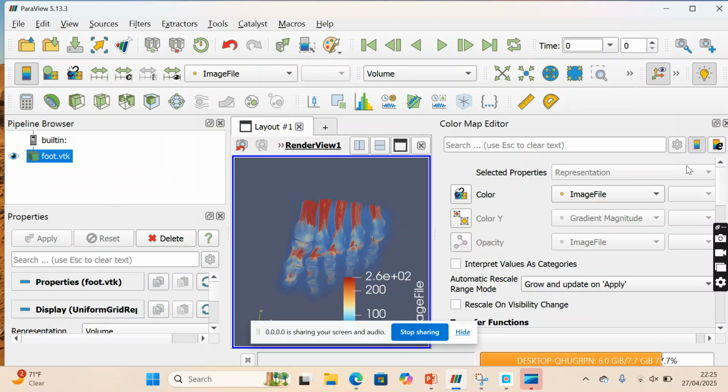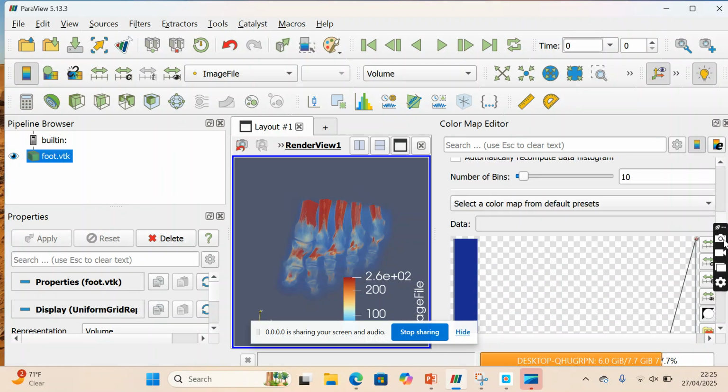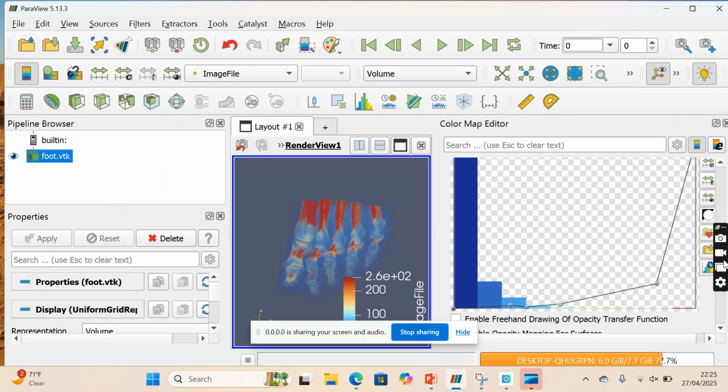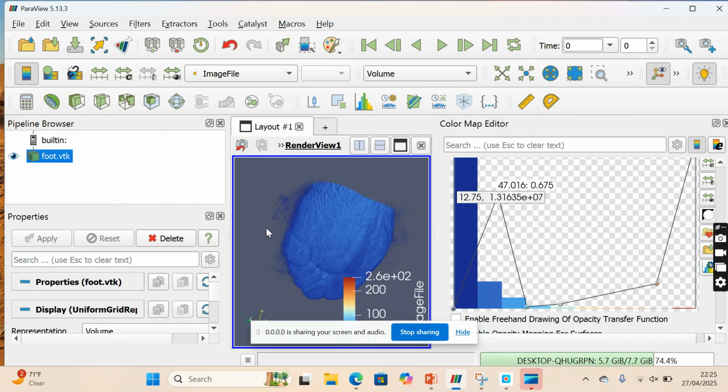I'm going to come to the color editor, then try to give it a skin. So here I can be able to see the skin.